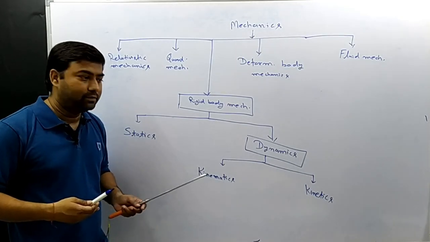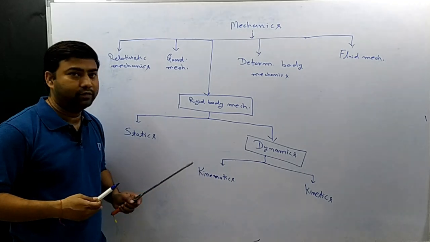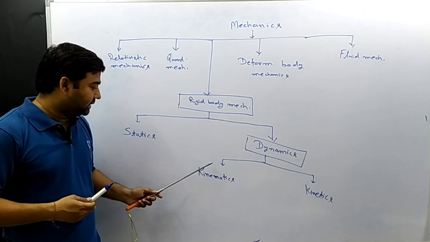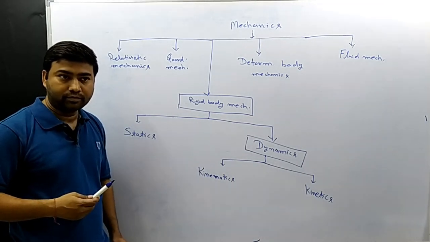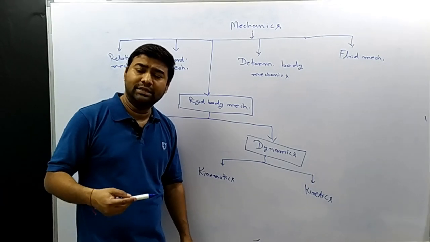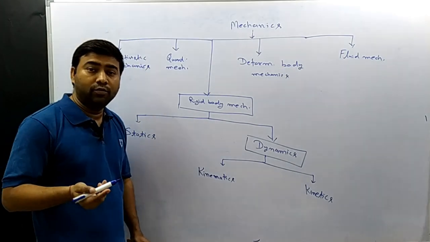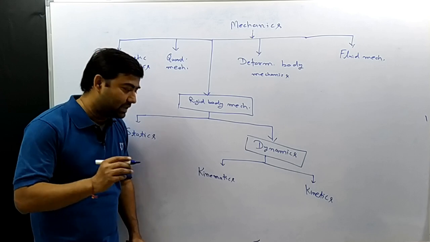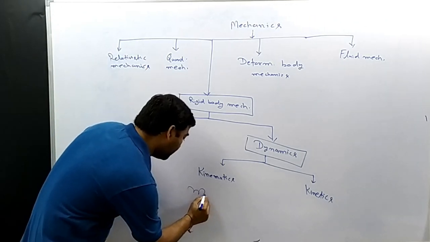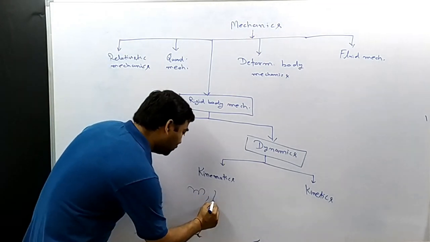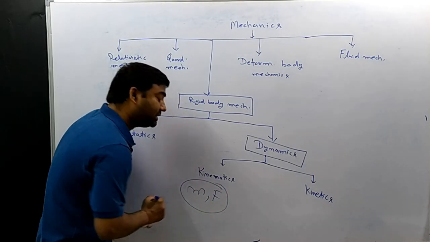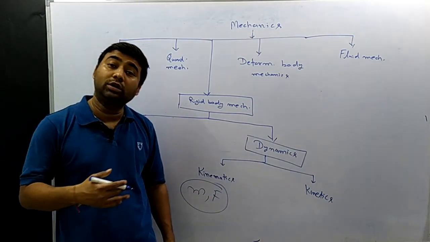Kinematics and kinetics are both the study of motion, but there is a slight difference between these two parts of dynamics. In kinematics, the motion of a body is studied, whereas the mass and forces acting on the body are not considered.